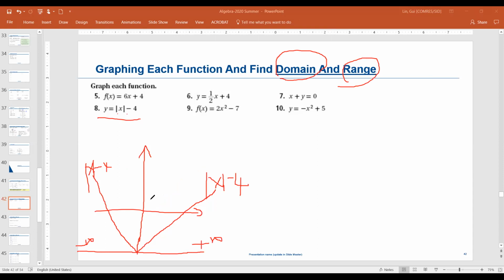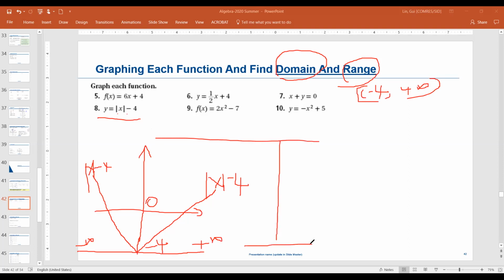The minimum value is -4, right? Here is -4 and above. So for the range, it's from -4, including -4, to positive infinity, because the y values only exist in this part. No value is less than here.